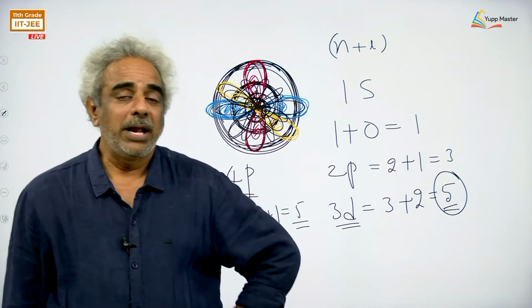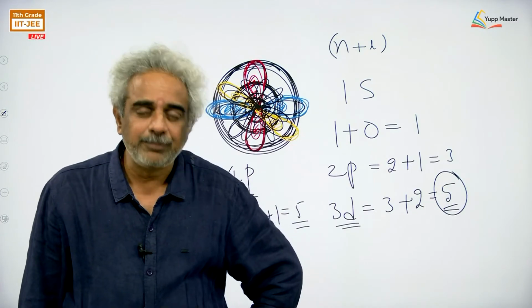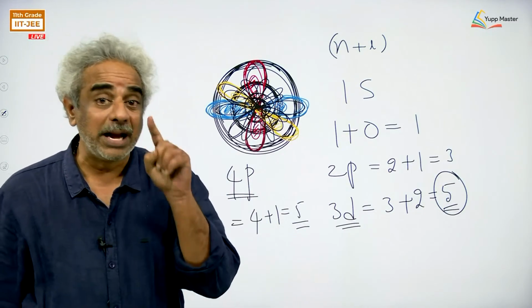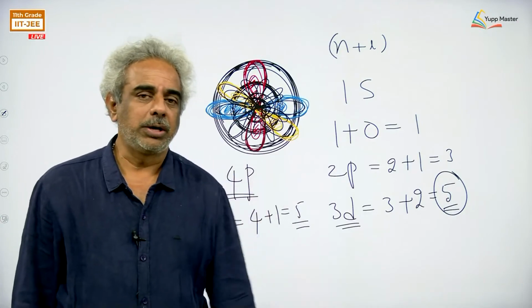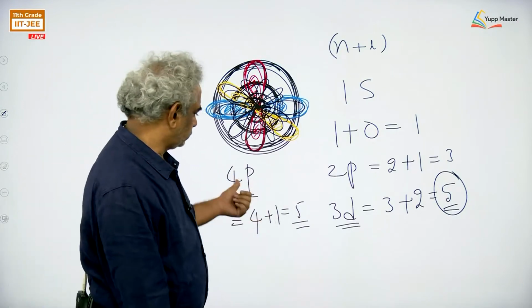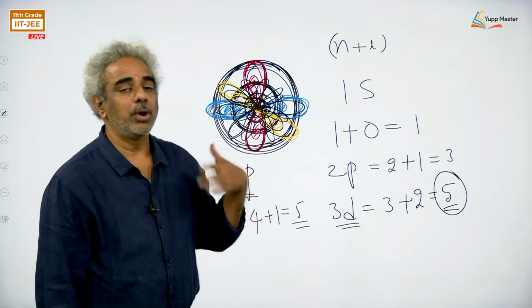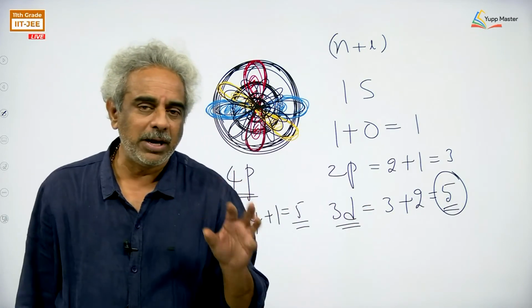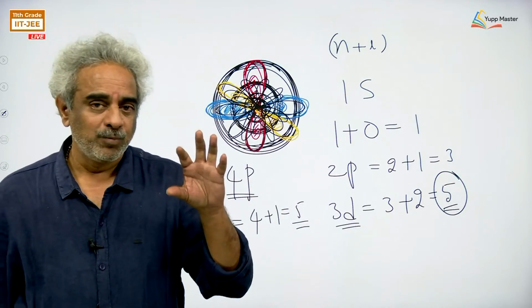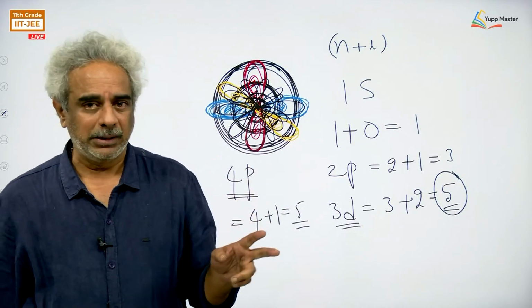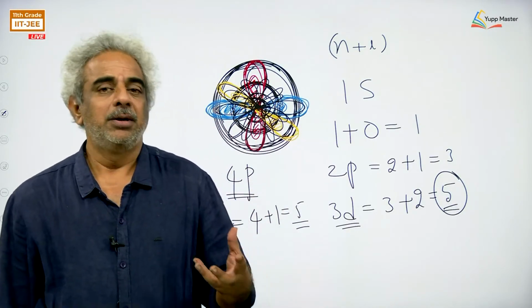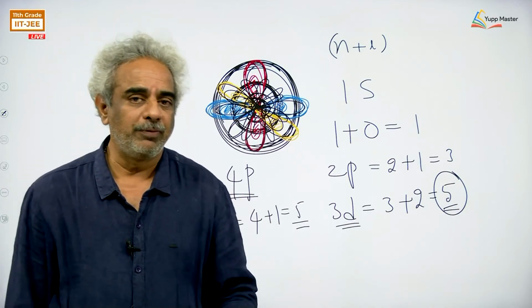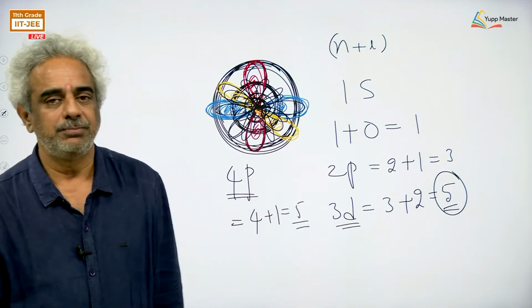If the n plus L value happens to be the same, you should give priority to n. Which has the higher n value? This. So 4p will have more energy than 3d. If you want to compare the orbitals' energy, the one with the greater n value you should prefer to have more energy.